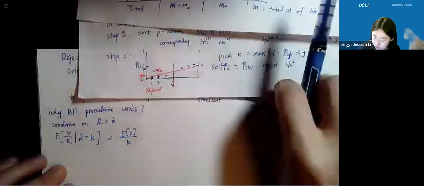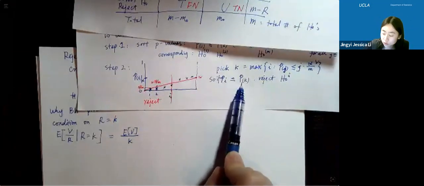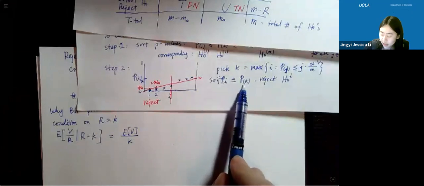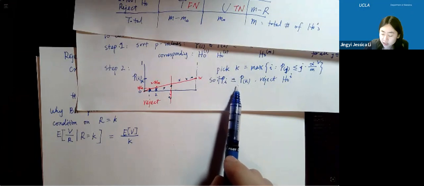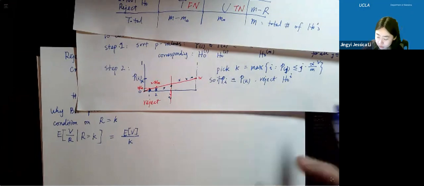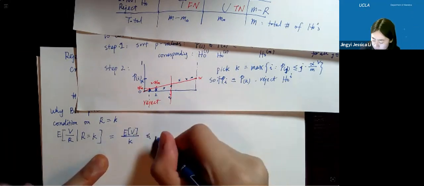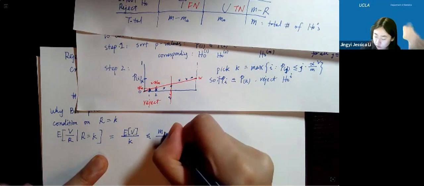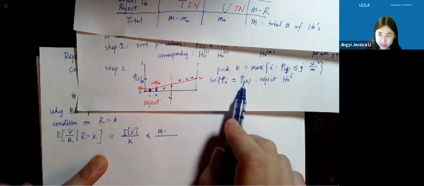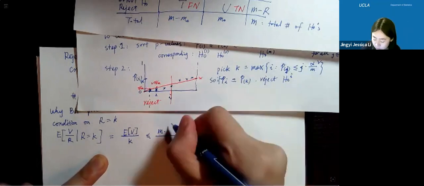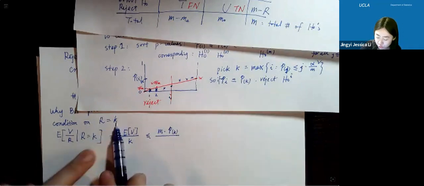Given the BH procedure, as I wrote here, essentially we are setting the significance level to the sorted kth p-value, because anything below it will be called a rejection. So in other words, the expectation of V can be less than or equal to the total number of tests times the significance level we actually place on the p-value, that is p_k, because k is treated as fixed.